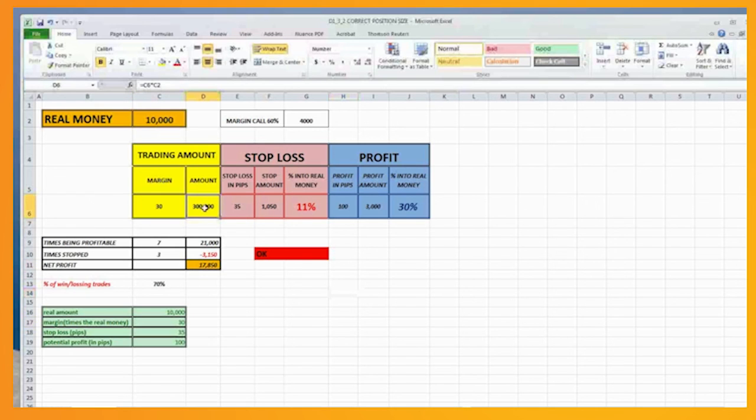So you go for $300,000, and then it's a logical stop loss if you keep 35 pips on the hourly, of course, 35 pips stop loss. Your potential profit is always 100 pips, which is going to represent 30% of your money. So we can send this Excel file if you need it.